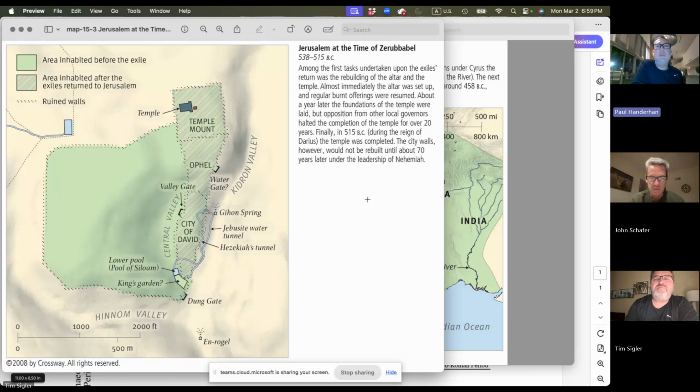Almost immediately, the altar was set up, and regular burnt offerings were resumed. About a year later, the foundations of the temple were laid, but opposition from the local governors halted the completion of the temple for over 20 years. Finally, in 515 BC, during the reign of Darius, the temple was completed. The city walls, however, would not be rebuilt until 70 years later under the leadership of Nehemiah.